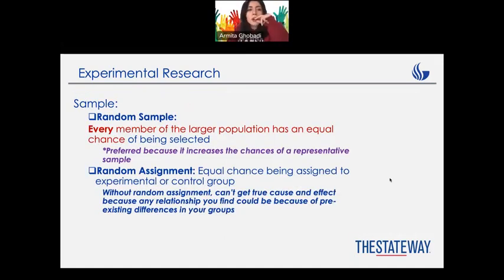For that aim, we can randomize participants, like we can randomly pick some people from every department to make sure we do have a representative sample. And we can randomize the assignment as well. For example, you got a random sample, you have every possible race, age, I don't know, departments for your research. But if you don't randomize them based on the assignments, again, it's going to be a problem.